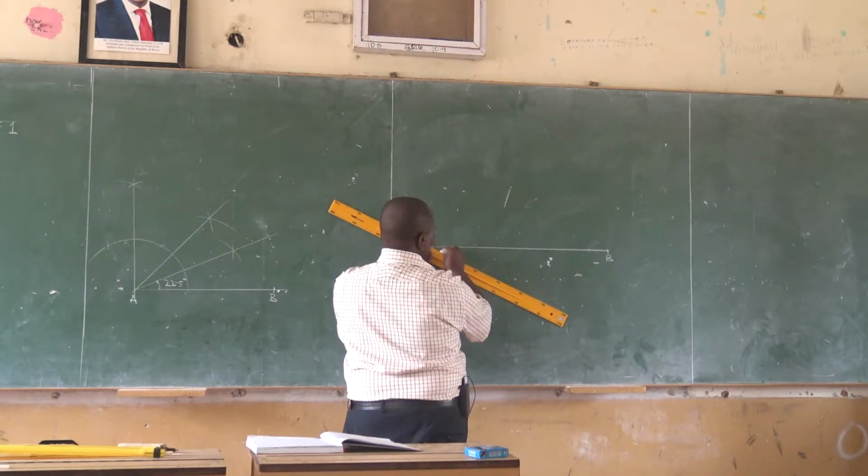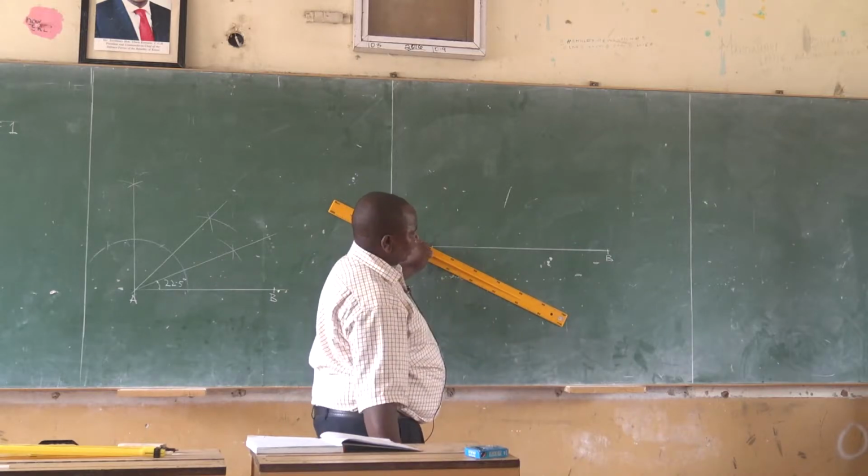It is done by drawing the original line to the length.